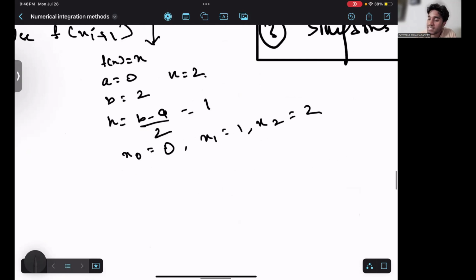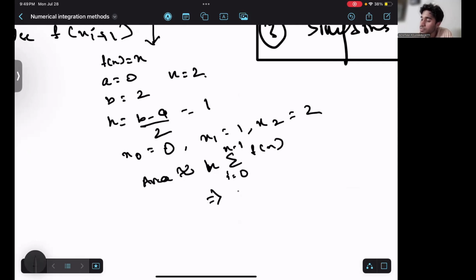According to the left Riemann sum, the value of the area is approximately equal to h into the summation from i equals 0 to n minus 1 of f of x of i, which will be equal to 1 into f of 0 plus f of 1, which is equal to 1.